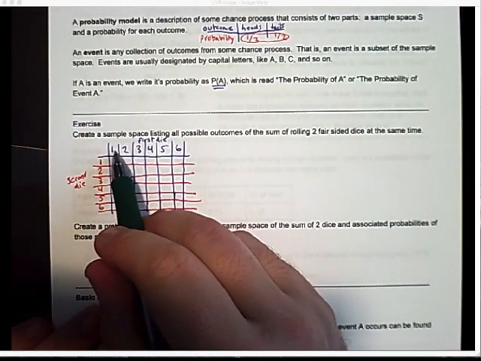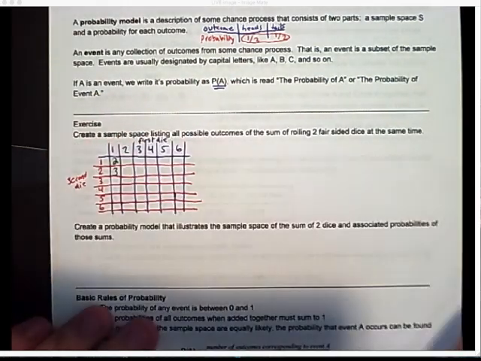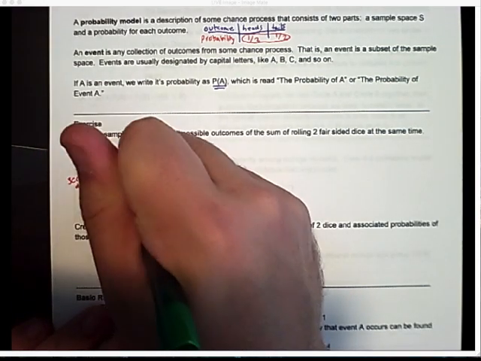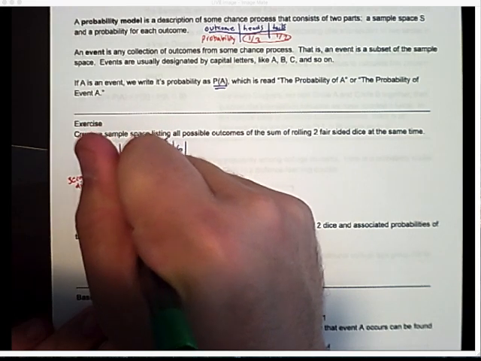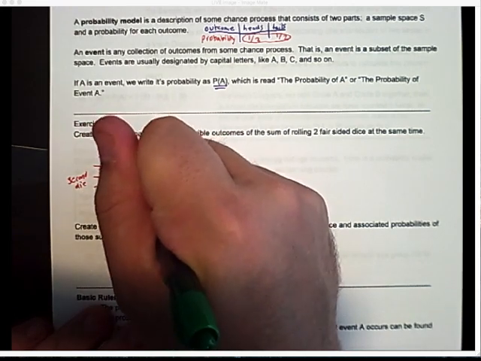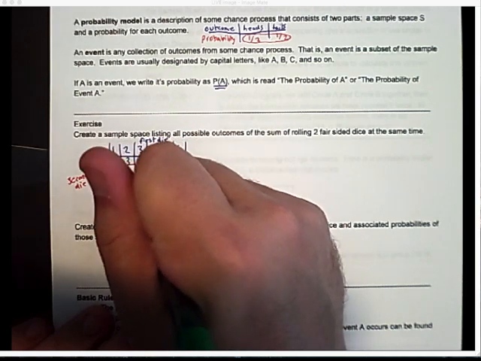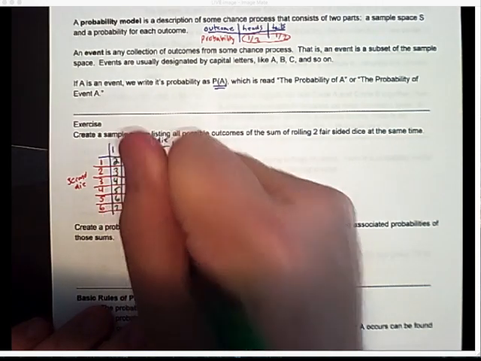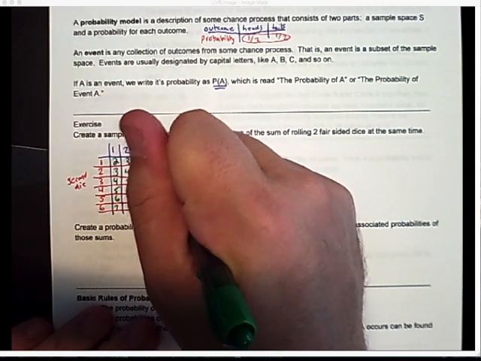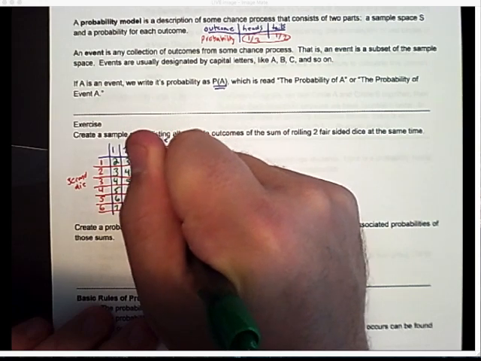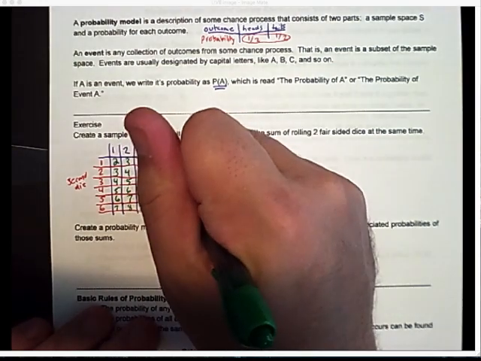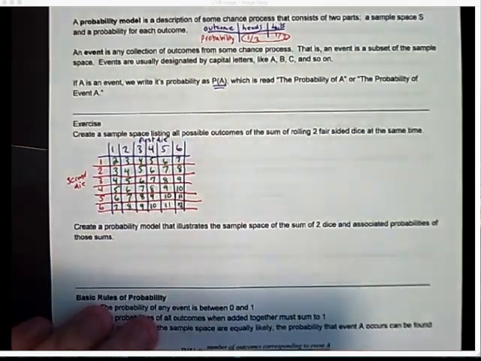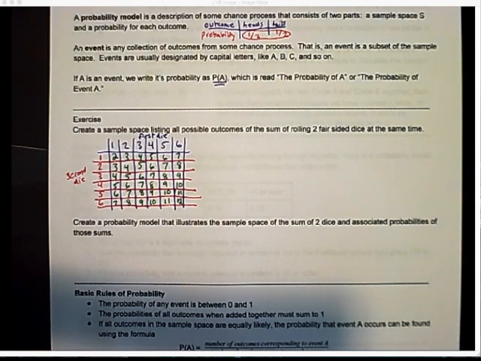If I get a 1 and then a 2, the sum would be 3. So if I add these, I'm going to get a chart that looks like this. Okay, so in the middle there, in green, that's the sum.